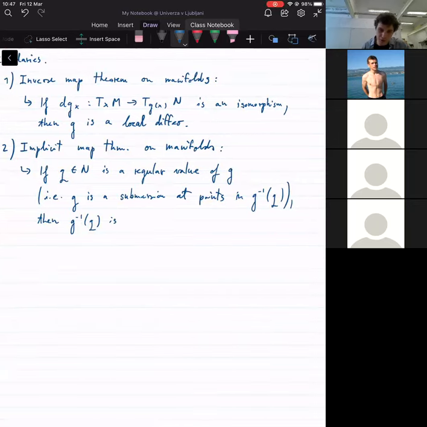We have two kinds of manifolds: one are immersed and the others are embedded.